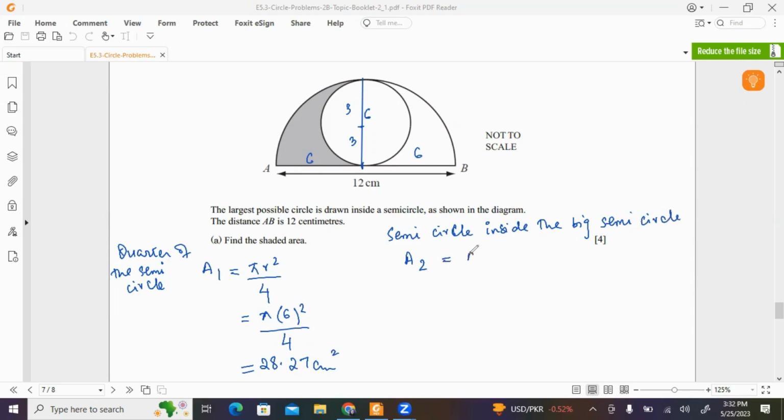That semicircle has the formula pi r squared over 2, where r is 3. So that's going to be 9 pi over 2, which is 14.14. So now coming back to the shaded area. Shaded area is going to be the difference of these two. So 28.27 minus 7.07 is 21.2 centimeters.